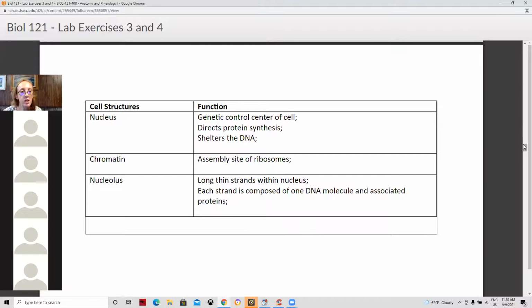Let me switch these words around, I've got a typo here. The nucleolus is the assembly site of ribosomes. So this is where the ribosomes are created. The chromatin is long, thin strands within the nucleus, where each strand is composed of one DNA molecule and the associated proteins.